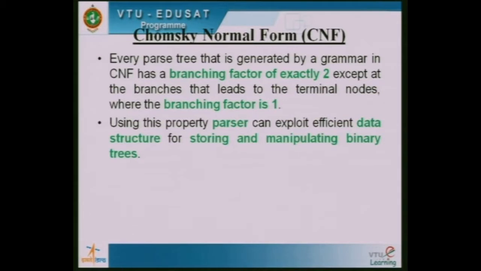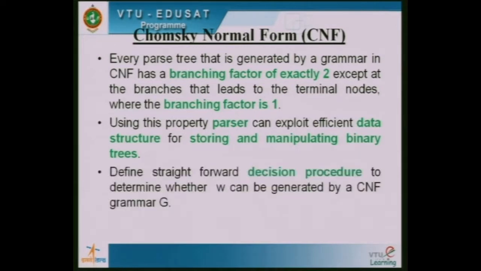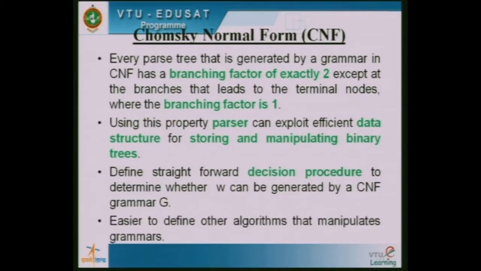Using this property, parsers can exploit efficient data structures for storing and manipulating binary trees, define straightforward decision procedures to determine whether the given string w can be generated by the Chomsky normal form grammar G, and it is easier to define other algorithms that manipulate grammars. So, this is the definition and application of Chomsky normal form.